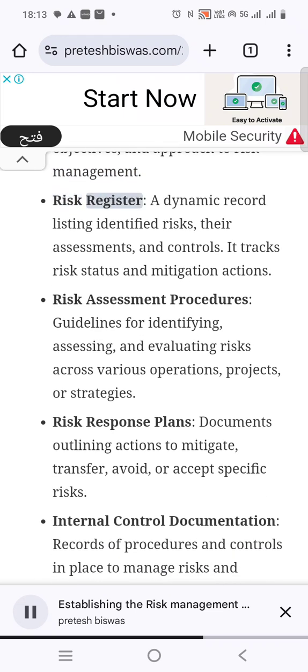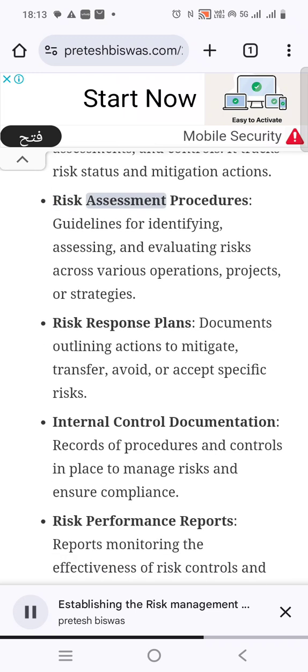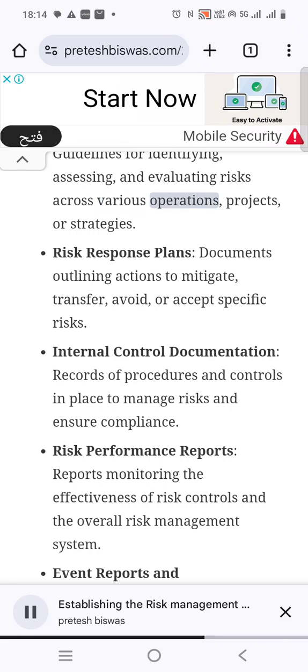Risk register, a dynamic record listing identified risks, their assessments, and controls. It tracks risk status and mitigation actions. Risk assessment procedures, guidelines for identifying, assessing, and evaluating risks across various operations, projects, or strategies.